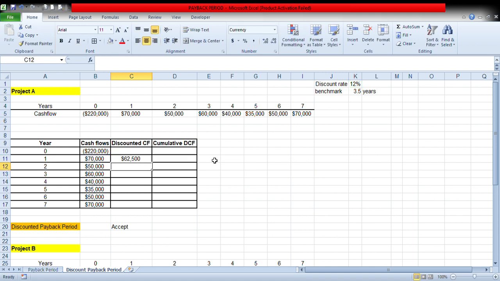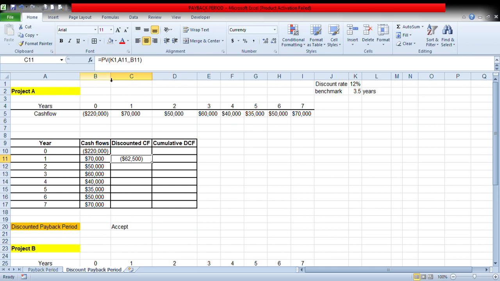So this is the technique. The second way is to directly apply the present value formula. We need the discount rate, then the number of years, and there is no payment, so avoid it. Then the future value is this.